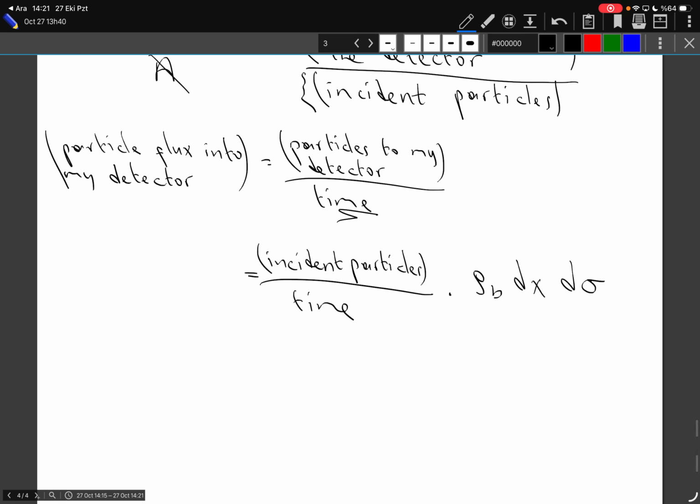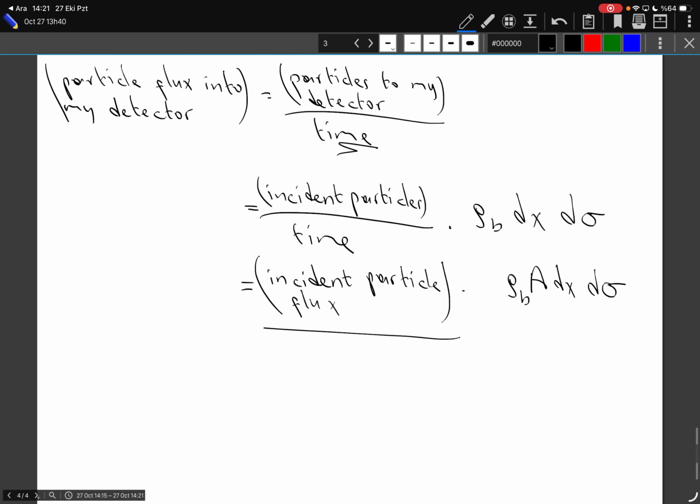What is the incident particles? Those are the incident particle flux times A rho b dx d sigma over time. No, time is already there.